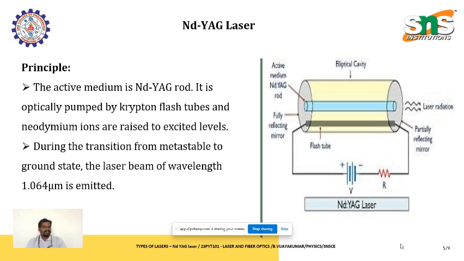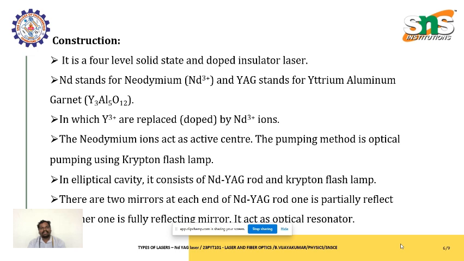During the transition from the metastable state to the ground state, a laser beam of wavelength 1.064 micrometer is emitted. Regarding the construction of this Nd-YAG laser, it is a four-level solid state, doped insulator laser.